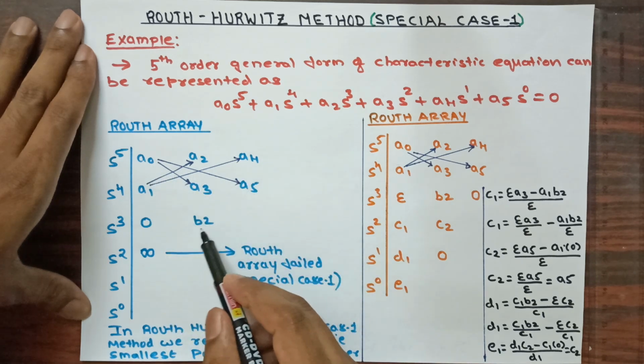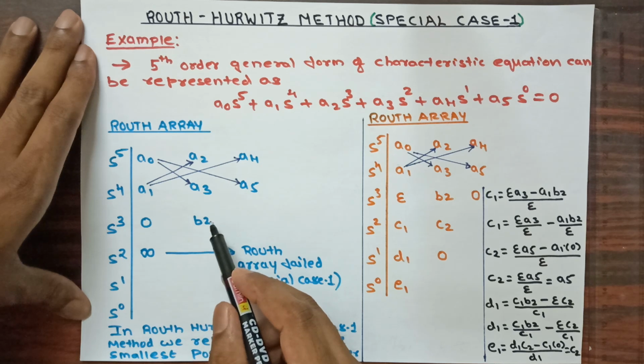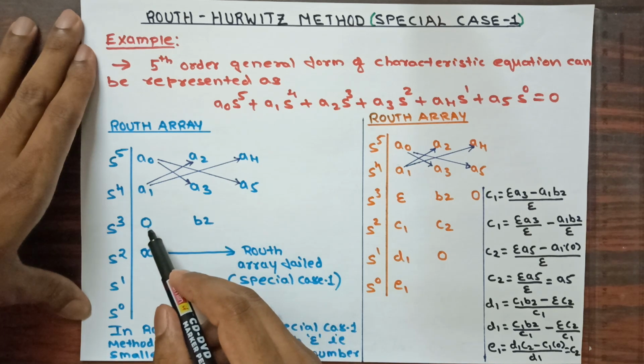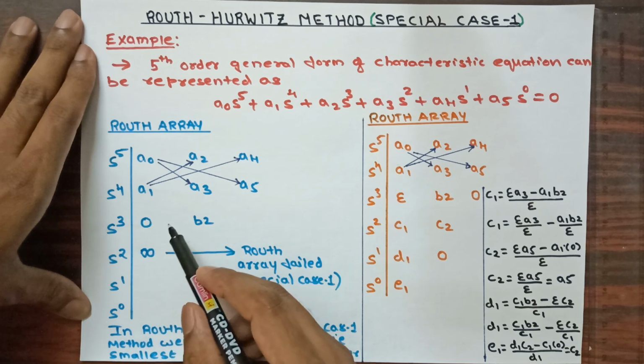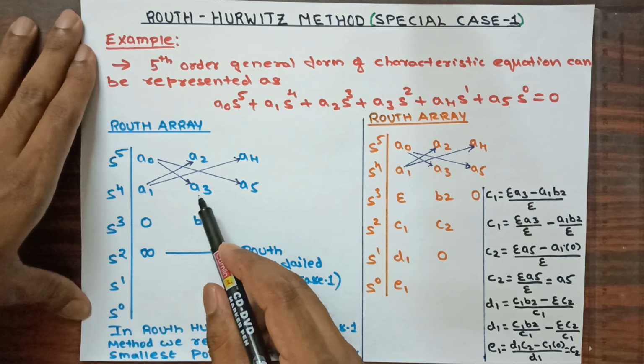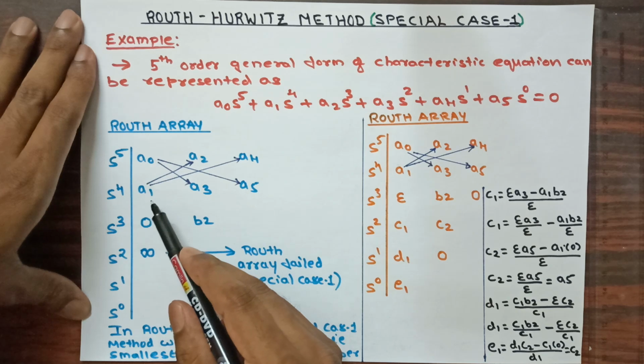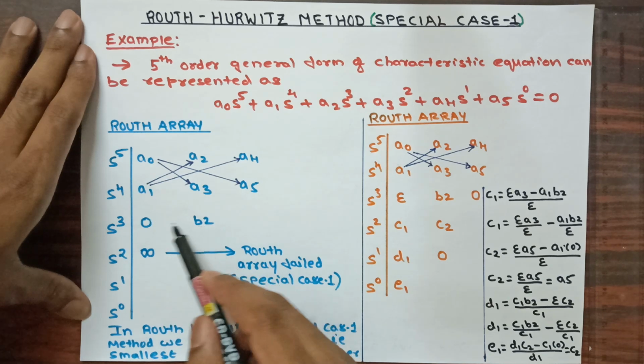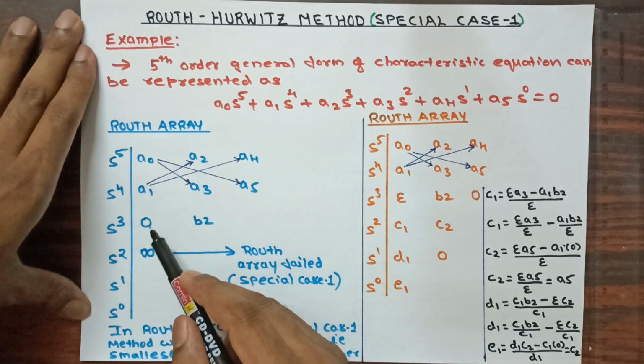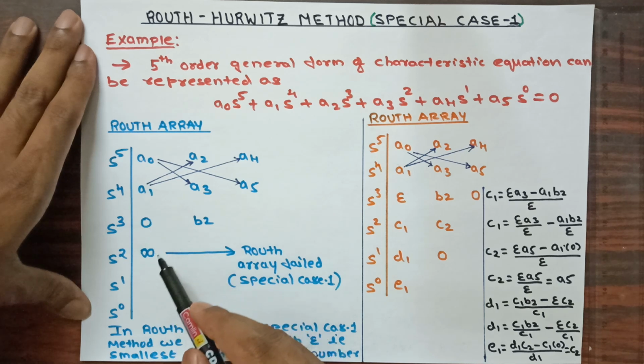One value I am having in the third row, the second value is non-zero, and the first value, in case I get 0, then next when I multiply 0 into a3 minus a1 into b2 whole divided by 0, that means anything divided by 0 is infinity.